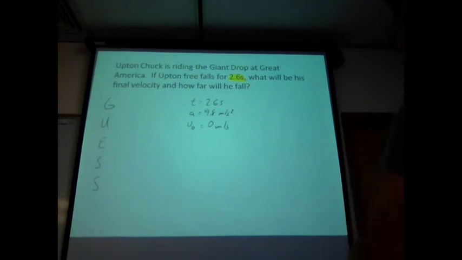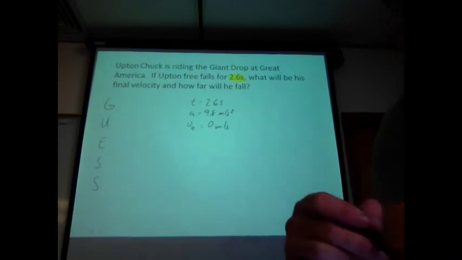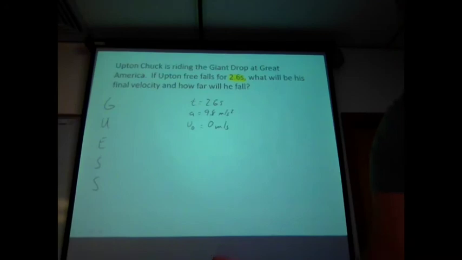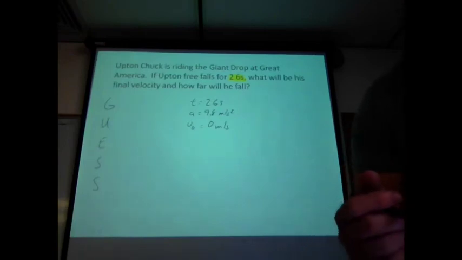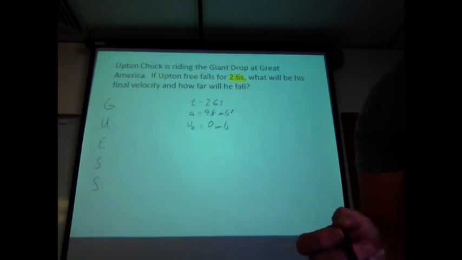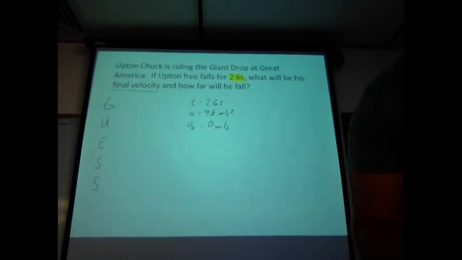Okay. Now our units, we have seconds, we have meters per second squared, and we have meters per second. Those are all great base units that we want to be in. Okay, so units are good. We're going to go to an equation. So if we look through equations, we actually have to look at not one equation, but we have to solve for final velocity and displacement.